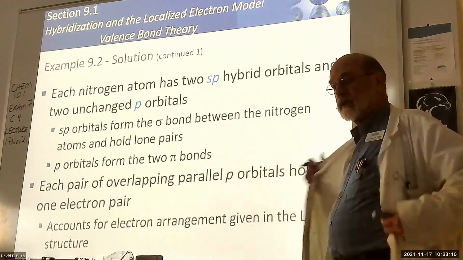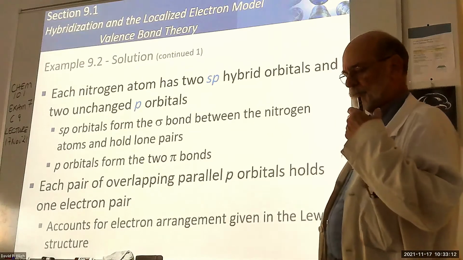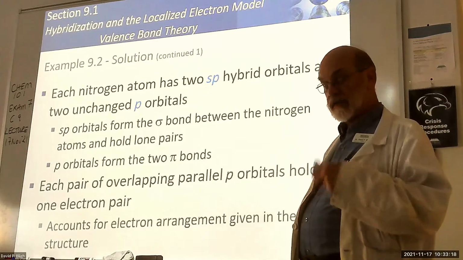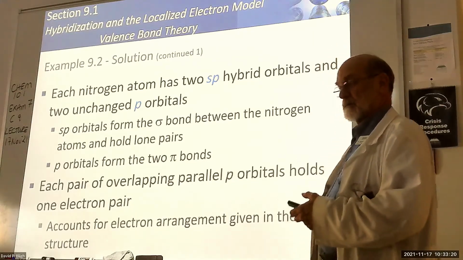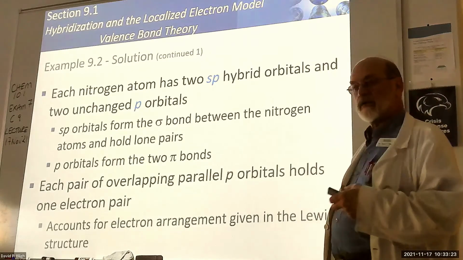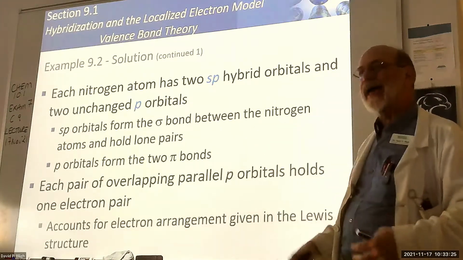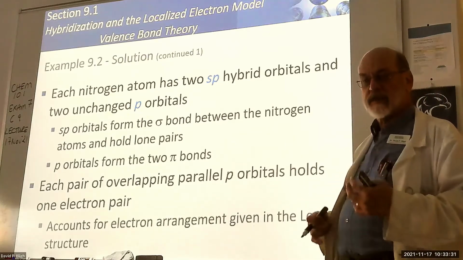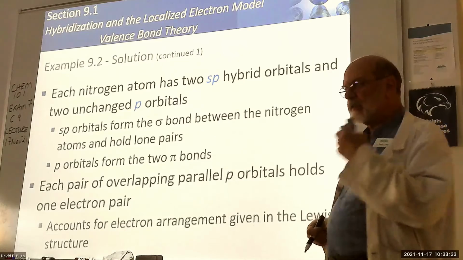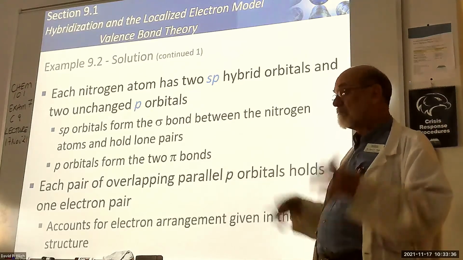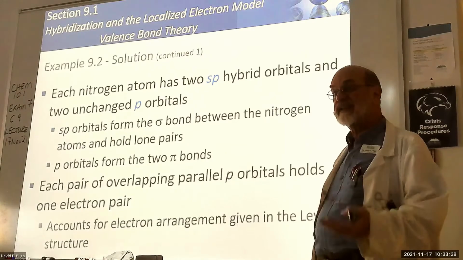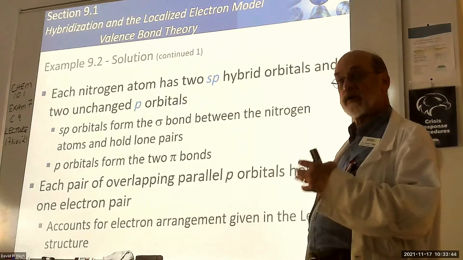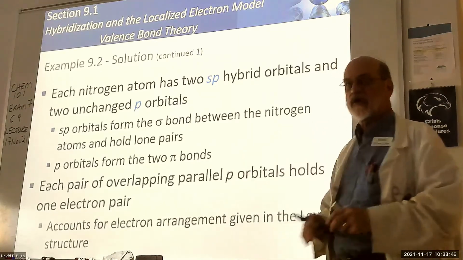Now remember, we're still in the valence bond theory, the localized electron model, the VSEPR model. All these orbitals and electrons, as they are forming bonds, the hybridization takes place. If you see these atoms separate from one another before the reaction, there's no hybridization there because they don't need it. But during the bonding process, the orbitals must hybridize in order to give us the observed structures.